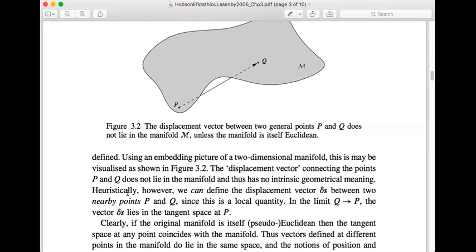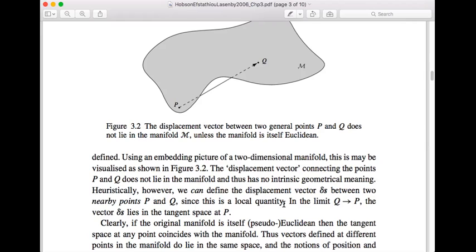He's going to make another point here heuristically, not mathematically rigorously, but using your physical intuition. However, we can define the displacement vector, a little delta S, between two nearby points P and Q, since this is a local, or quasi-local, quantity.